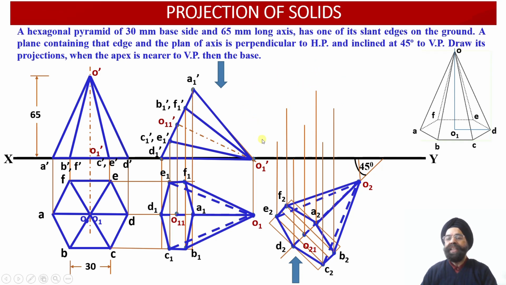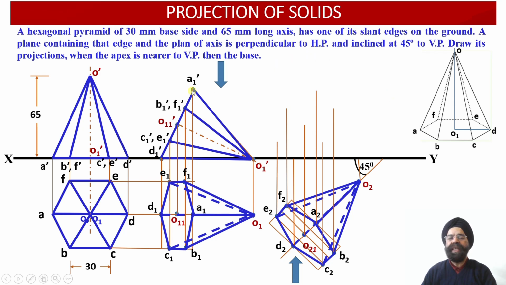So wherever the vertical projector lines drawn through the plan projection view points and the horizontal projector lines drawn through the elevation projection view points intersect, the points will be obtained. So the elevation projection view points will be located corresponding to this oblique solid over here.